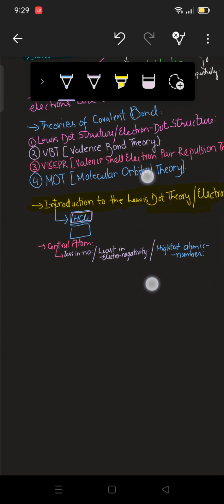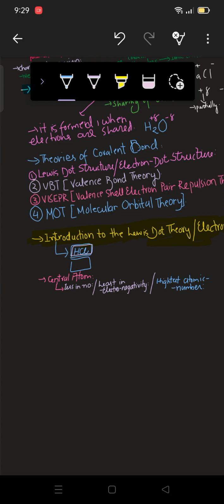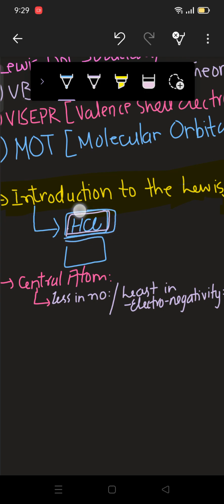Now see how you will be selecting a central atom. You will be selecting the central atom on the basis of its number in the compound. If there is an equal ratio of the atoms in a compound, then you will leave this factor and move towards least electronegativity.